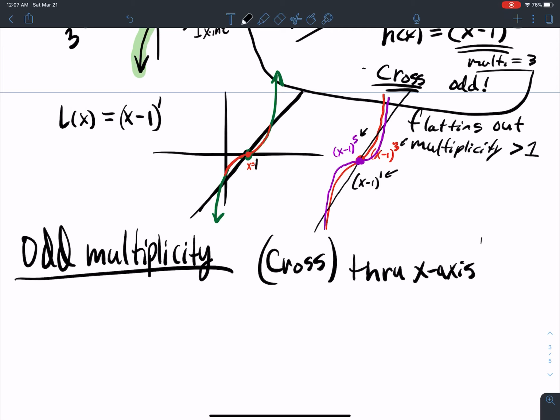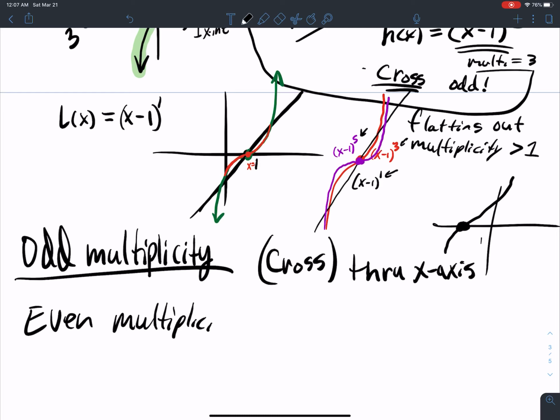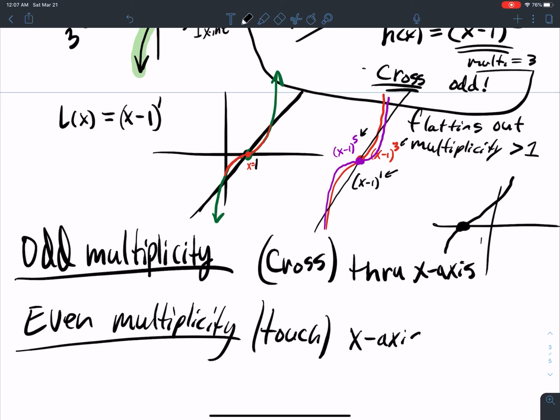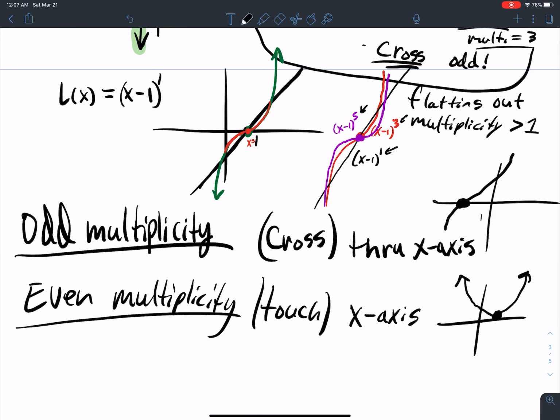Example, I'm going to cut through the x-axis just like that. Okay, if it's an even multiplicity, I'm going to touch the x-axis. So what does that look like? I come down, I touch it, and then I go right back off. Kind of like a parabola. All right, it's an even multiplicity.